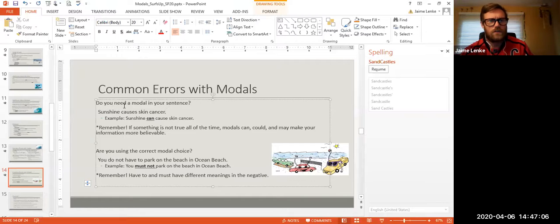All right, so this one says, do you need a modal in your sentence? So how do you know if you need one, right? We don't want to just throw modals into every single sentence. We want to use them if something is maybe not true all the time, or if we want to give advice or some sort of suggestion, right? So one thing that you hear all the time is that sunshine causes skin cancer, right? That's why you need to use suntan lotion, because you will get skin cancer.